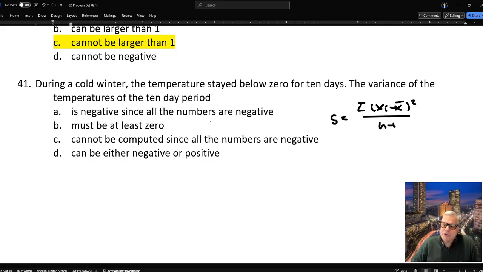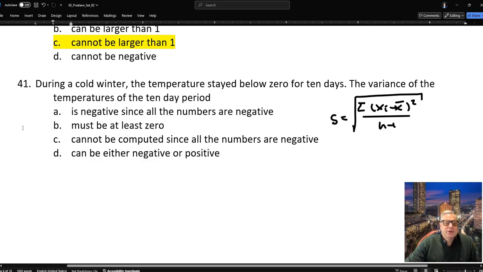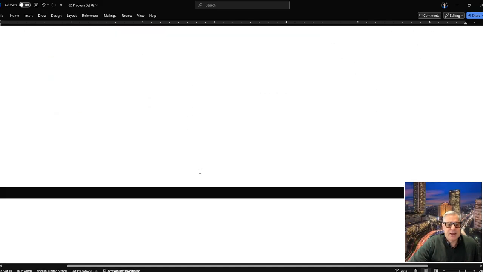So let's say if the mean was -5, now I have -10. -10 minus -5 is minus minus, it's -5, but then we square it, so everything becomes positive. And of course we still need to put the square root around. So it must be at least 0, and it would be 0 if the temperatures had been -5, -5, -5. So if there was no variation in the data.